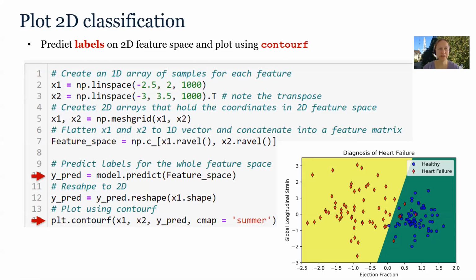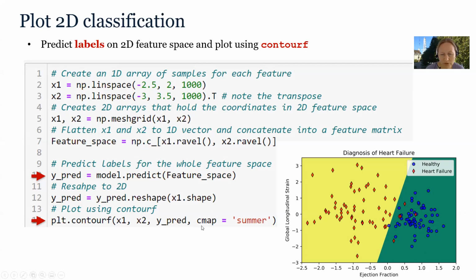So we have already seen how to plot the results of 2D classification by plotting the decision boundary. But there is another option. We can sample the whole two-dimensional feature space. So we will create a grid that covers all this region, and then we can predict the labels for this feature space. Once they are shaped to the right format to create an image, we can plot it using the matplotlib function contourf.